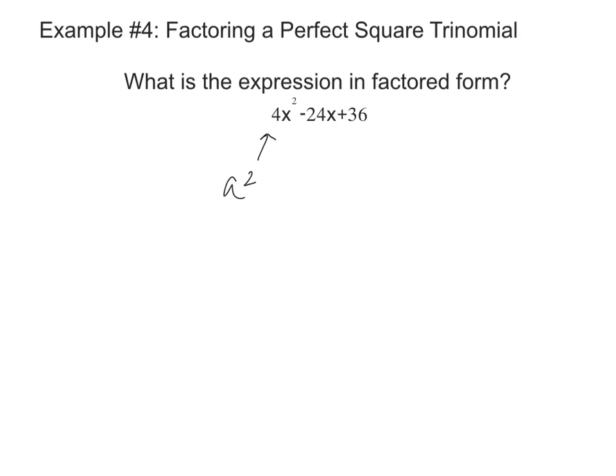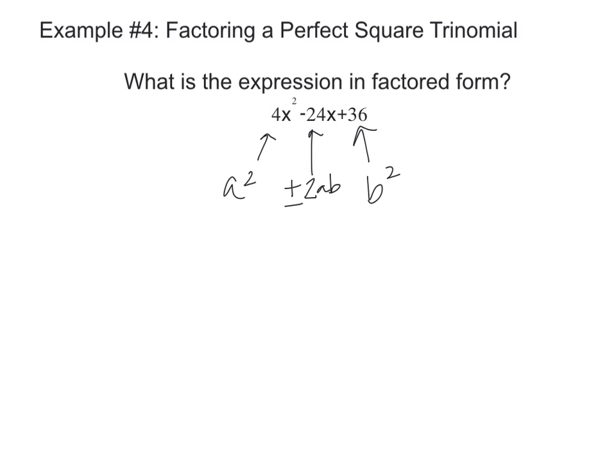Same with 36. That one should also be a perfect square. And then the center number should be either positive or negative 2 times the first term times the second term, specifically the square roots of the first term and the second term.